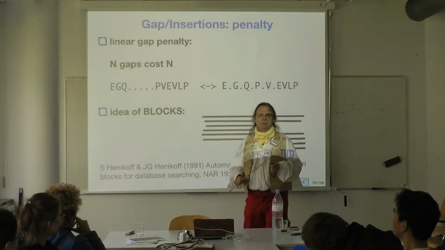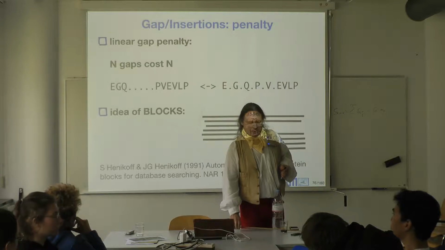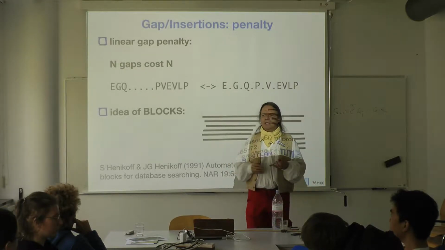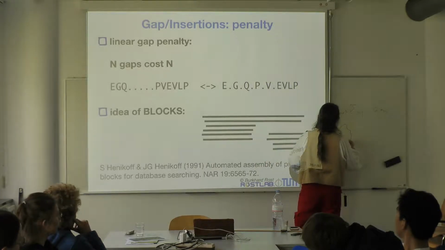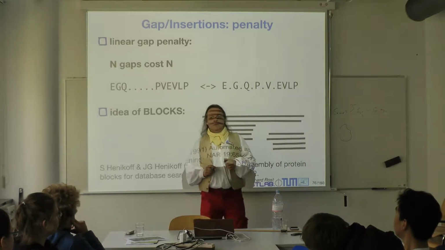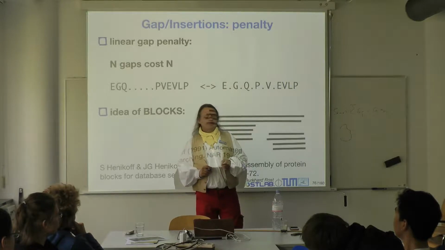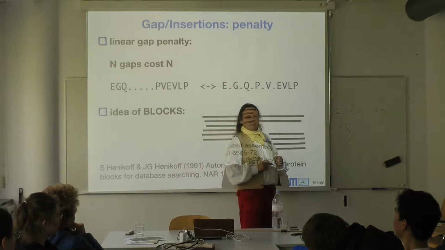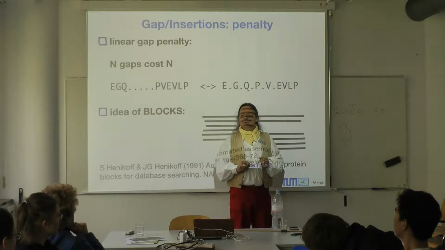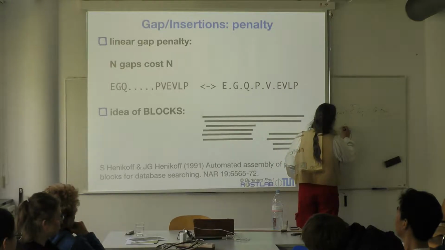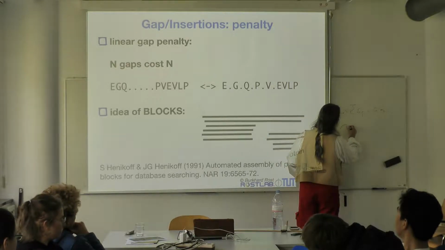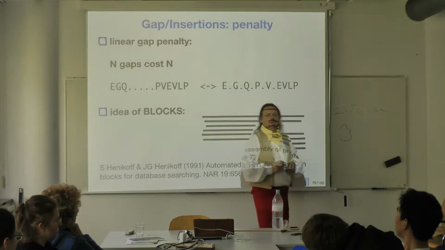So how do you imagine a gap? What's the molecular explanation of a gap? There's this one protein that looks like this. And if you looked at the same protein with a gap, what would the gap be? Maybe a loop or something. Exactly. So the same protein here with a gap may be one that does this.